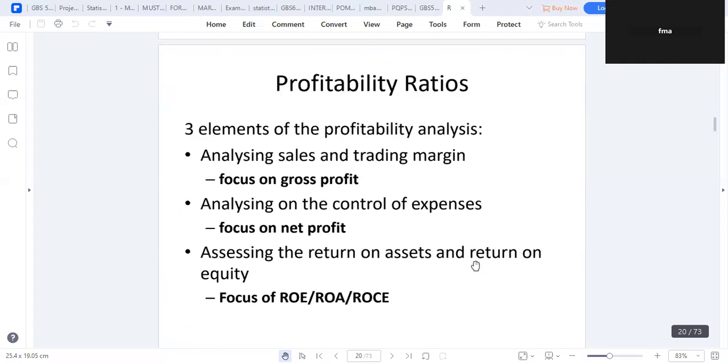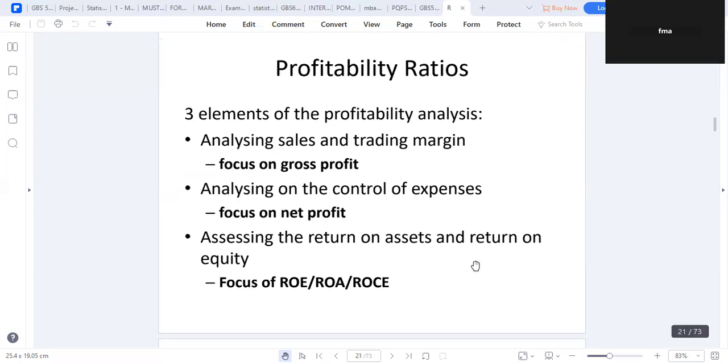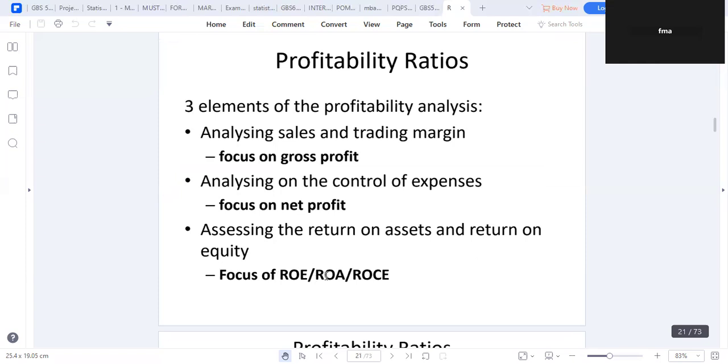On the gross profit, we analyze the trading account, how our sales are doing, how we are able to control the expenses that relies on the net profit margin. And also we are assessing the return on the assets or equity. So we can use any of these: return on equity, return on assets, or return on capital employed.